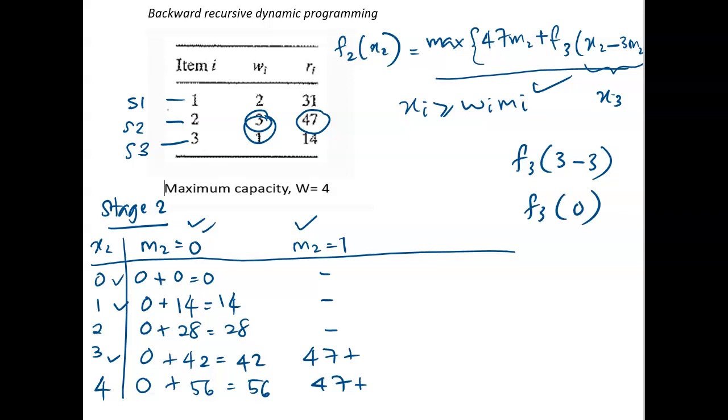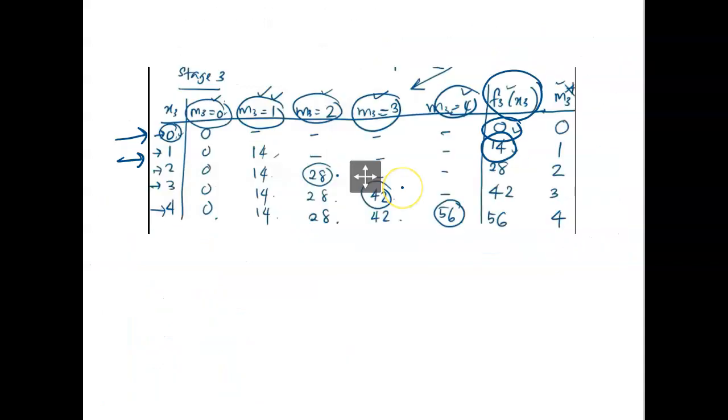And another one is f3 where x2 is 4, and 4 minus 3 is 1. So we need to get these values from our previous stage, when x3 equals 0 and x3 equals 1.